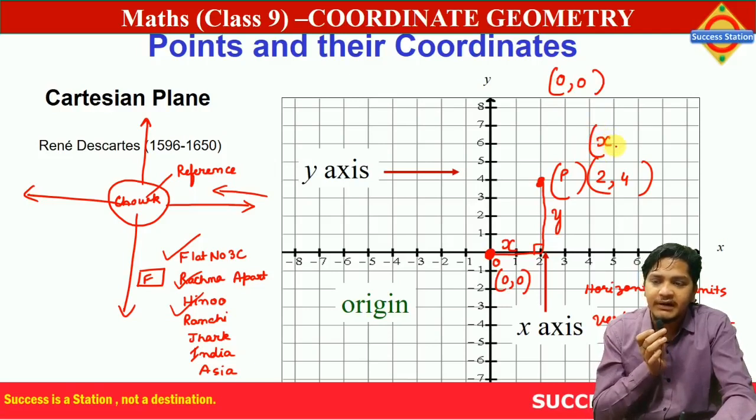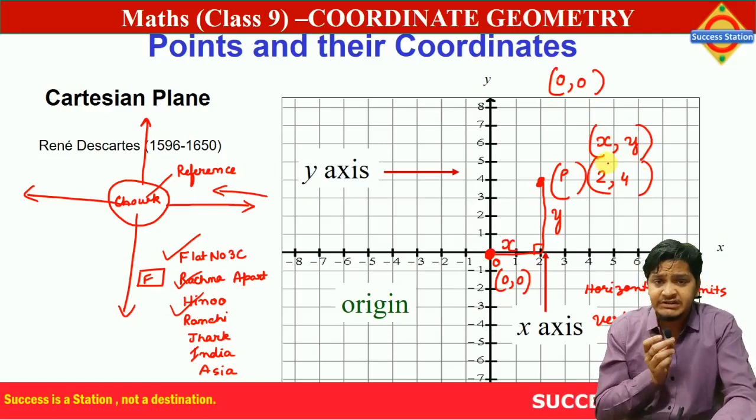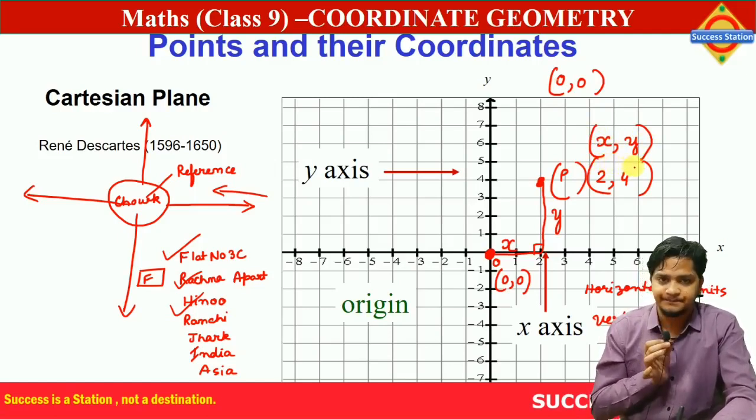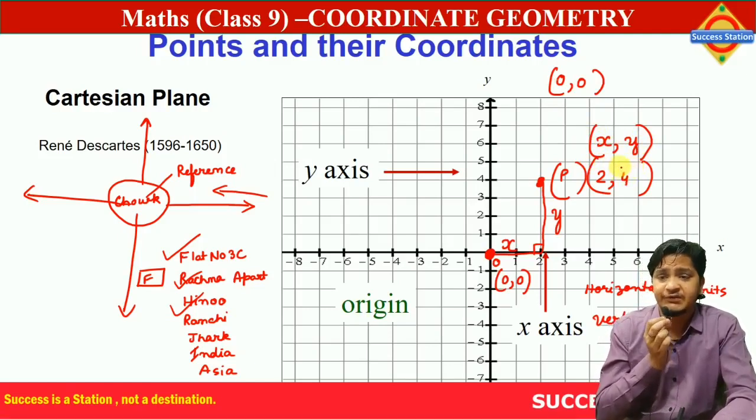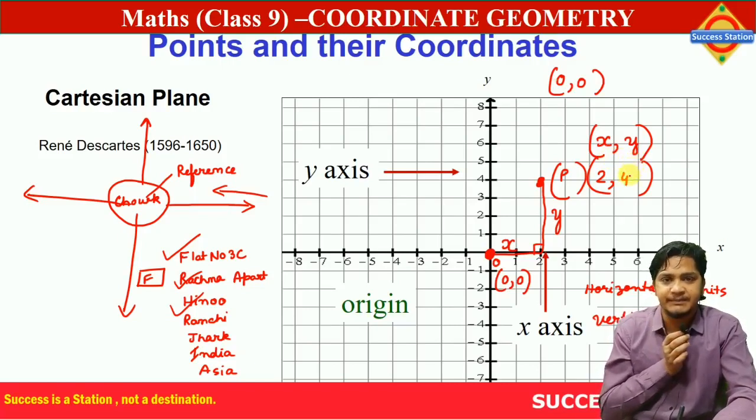So the coordinate is always written like this. X first, y second. Horizontal distance first, vertical distance afterwards. Clear? First you will write the horizontal distance, then you will write the vertical distance.